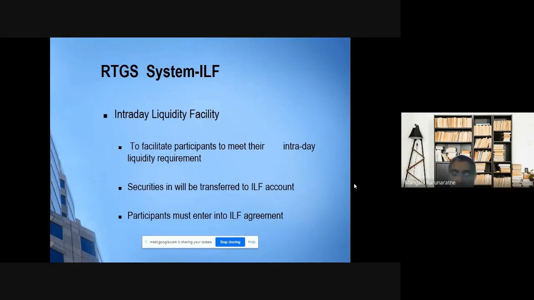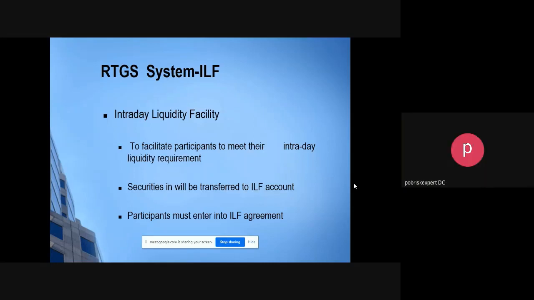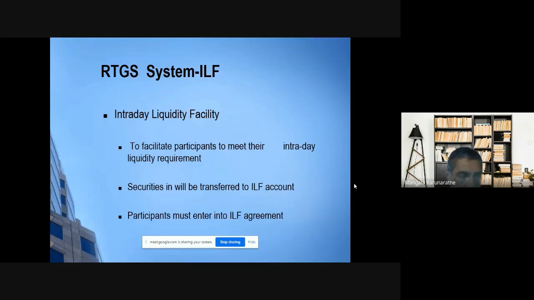I'll explain. Clearing figures of all the banks will be gridlocked, because it's a multilateral net settlement, or MLNS, system. What happens is, the system will net the figures of all the banks. So there can be a plus or minus to your bank.